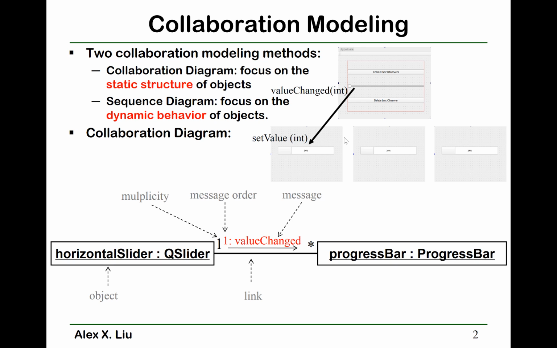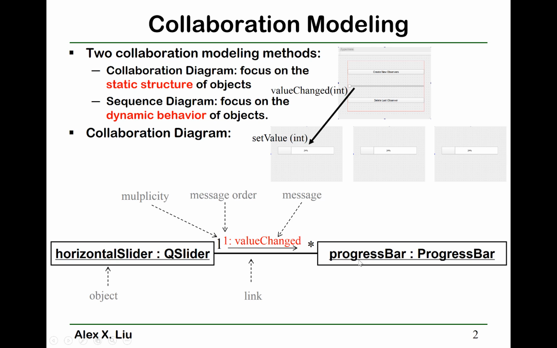Let's talk about an example of how we ignore some details and keep the essence of something. Suppose we have two objects: a horizontal slider object, which is a slider, and a progress bar.